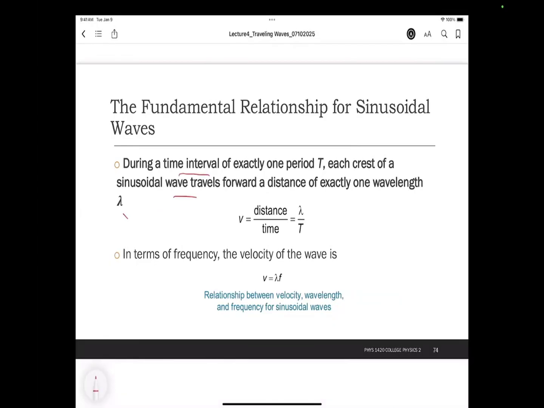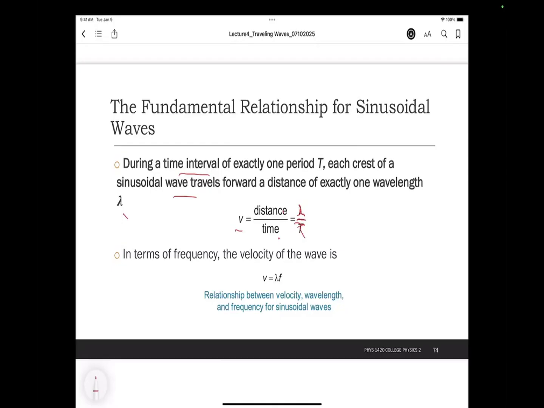We know velocity equals distance divided by time, so for this wave we can calculate the velocity using lambda divided by T, because in one period the wave moves one wavelength. Does it make sense to you?